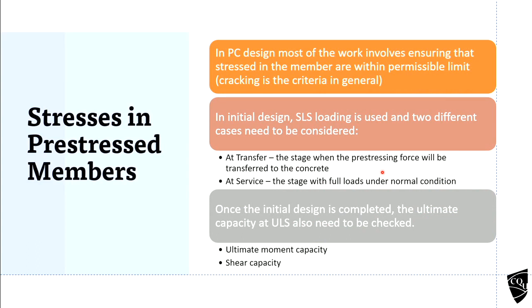Normally that happens around 7 days, 3 to 7 days, depending on how quickly the early strength gain happens. So that is the transfer stage. At that stage the beam will bend in the opposite direction. Normally if the beam bends downward, at transfer stage it will bend upward, opposite to the normal bending.